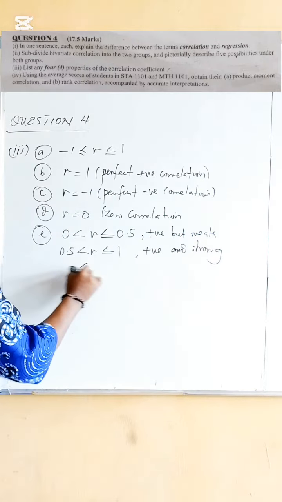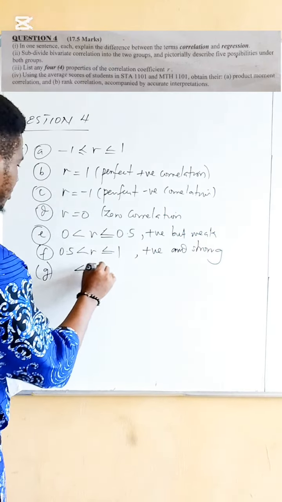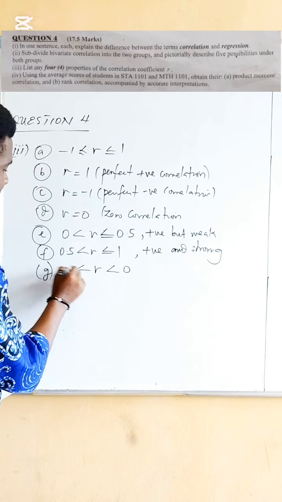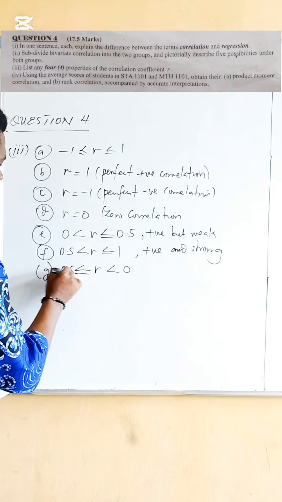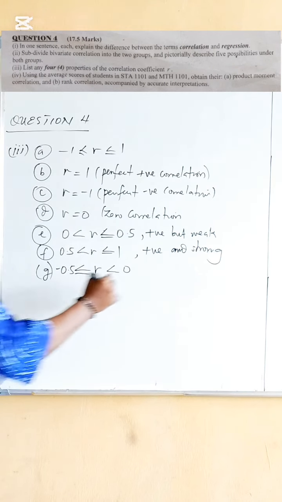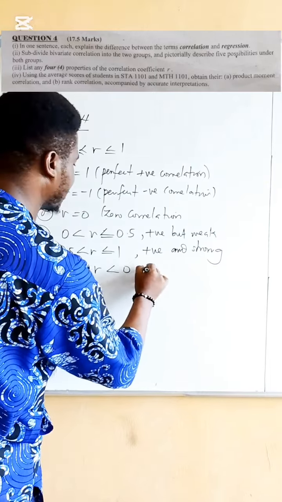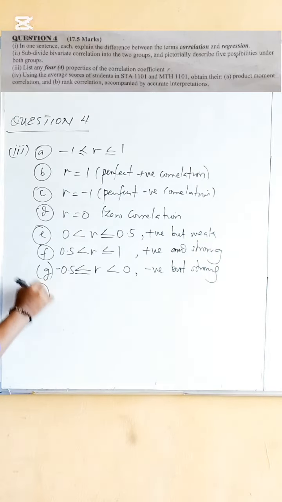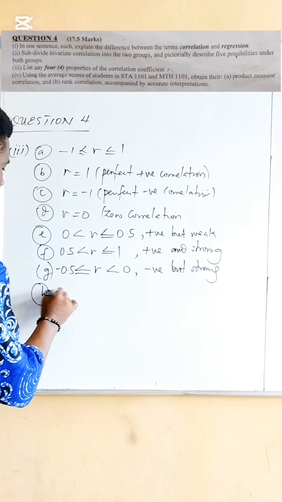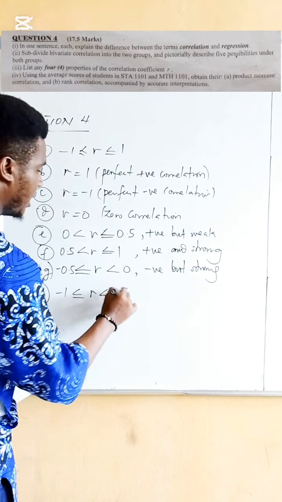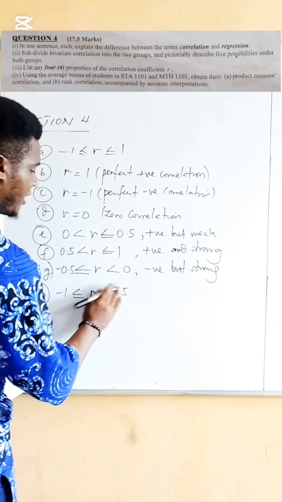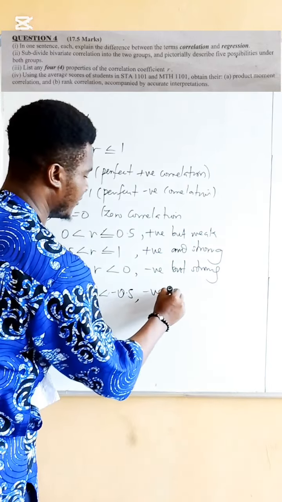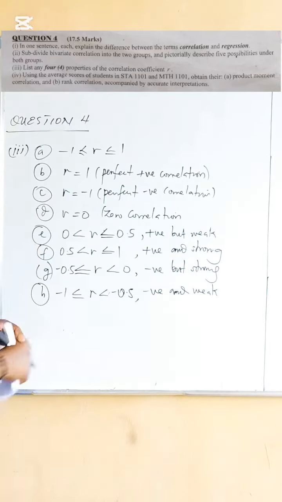G, if R lies between 0 and -0.5, we say that it is negative but weak. And H, if R lies between -1 and -0.5, we say it is negative and strong. So you can pick your properties from any of these, and let's move on to the next question.